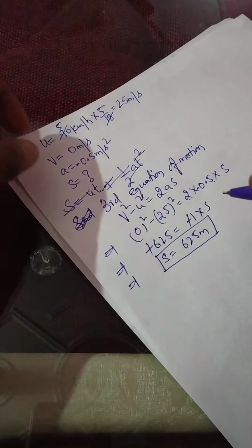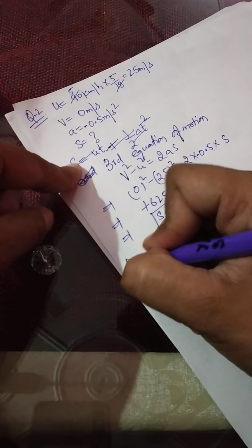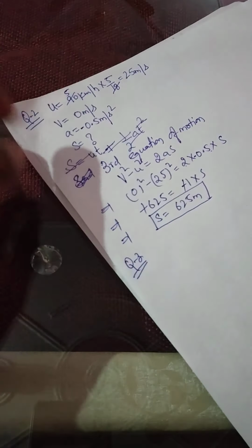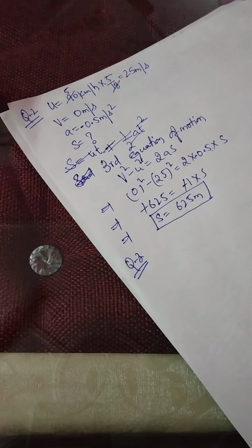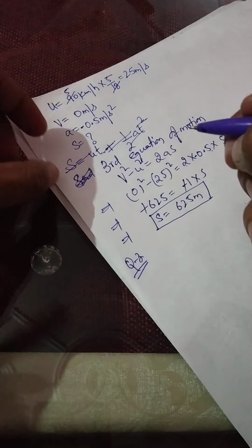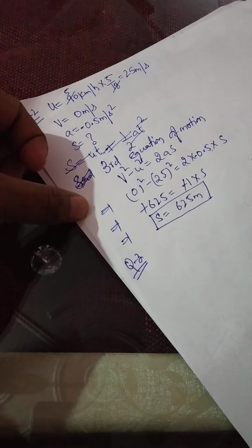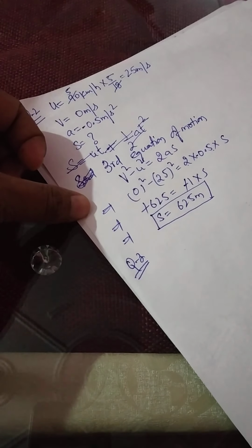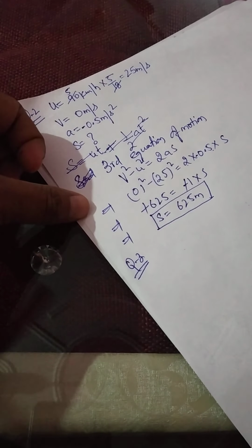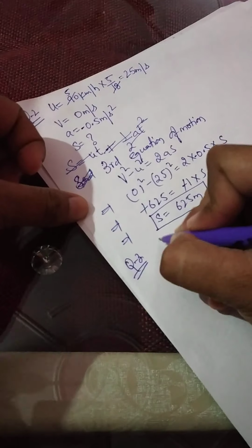Question number 3. It says a trolley while going down an inclined plane has an acceleration of 2 centimeters per second square. What will be its velocity 3 seconds after the start? Anything which starts from rest has initial velocity 0.